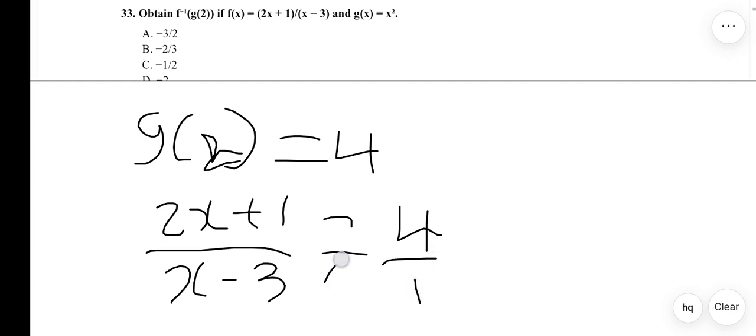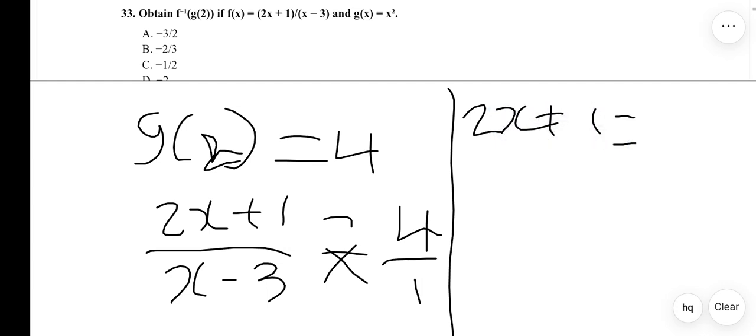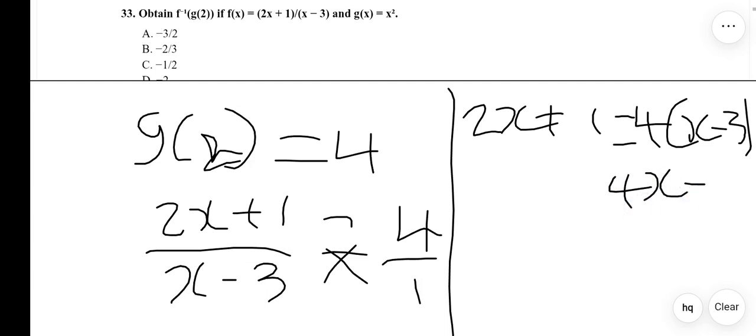So 4 is same as 4 all over 1, so we cross multiply. 1 times 2x plus 1 will give me 2x plus 1 is equal to 4 times x minus 3. So 4 times x minus 3 is 4 times x, which is 4x, minus 4 times 3, that is 12, is equal to 2x plus 1.